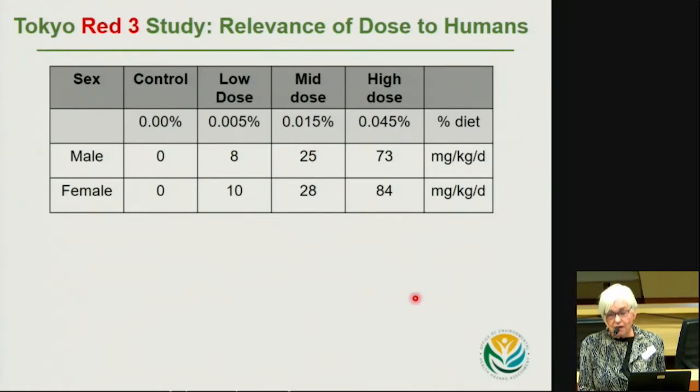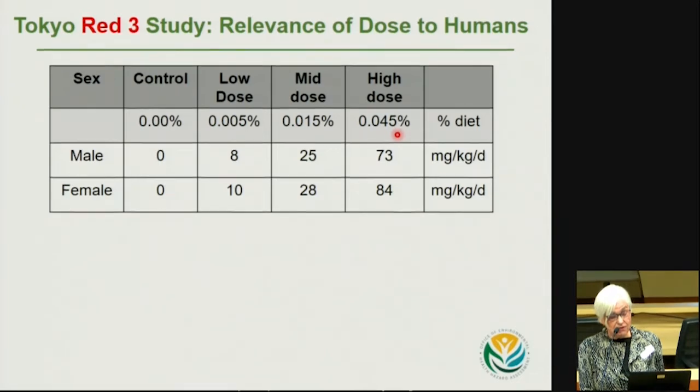Now I want to talk about the relevance of the dose to humans, because if the study is nowhere near the human exposures, then it's a lot less relevant for the purposes of our project. So, as I said, the dye was administered in the diet, and this is the percent of diet that was used for the low, mid, and high dose.